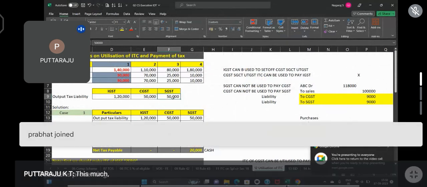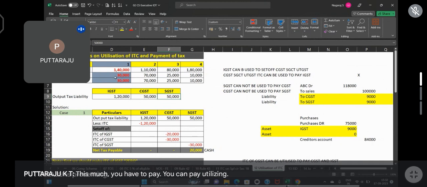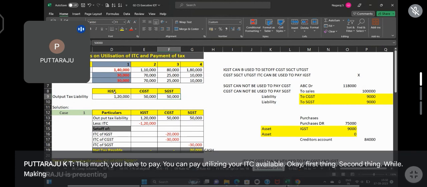This much you have to pay. You can pay utilizing your ITC available. Okay, first thing. Second thing, while making the payment of your GST, first you should make IGST ITC nil.